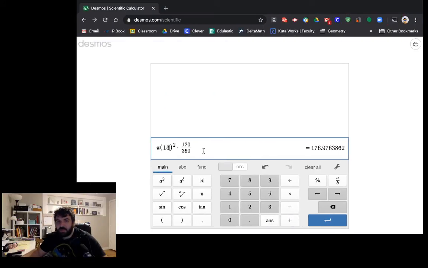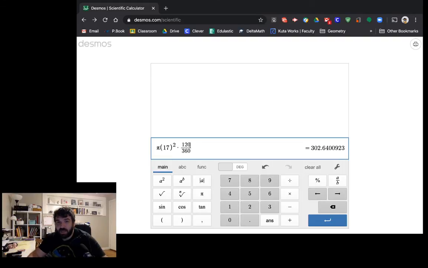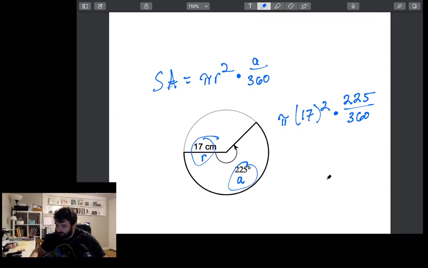If you keep this open as like a side tab here, you can just go in and edit real quick, and that would give you everything you need. We're looking at not 120, but 225. So we'll make that edit in our numerator. And we get a sector area of 576.45. So we'll call that 576.5.